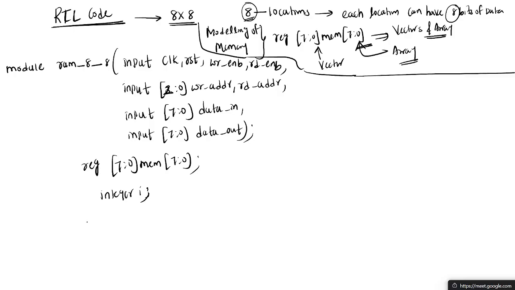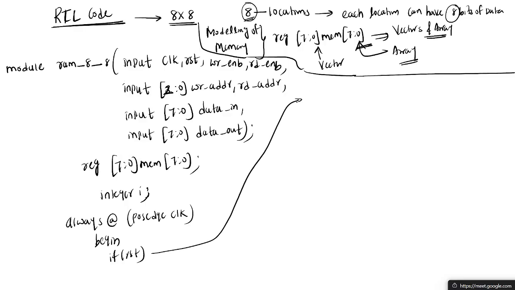For that, always at the positive edge of clock, begin, if reset, for i equal to 0, and how many locations are there? 8 locations are there.